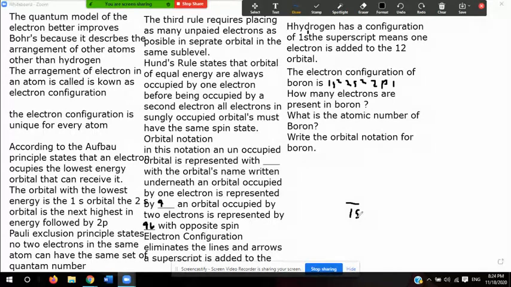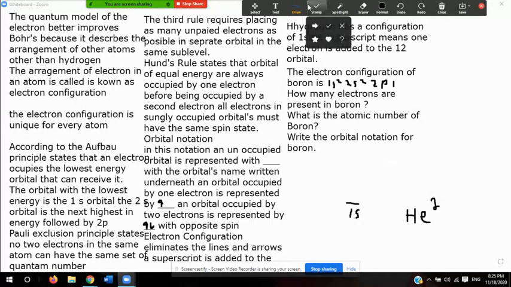So let's go over that real quick. If we talk about helium, it has 2 electrons, which also means that the number of electrons is the same as the number of protons. But anyway, helium has 2 electrons.